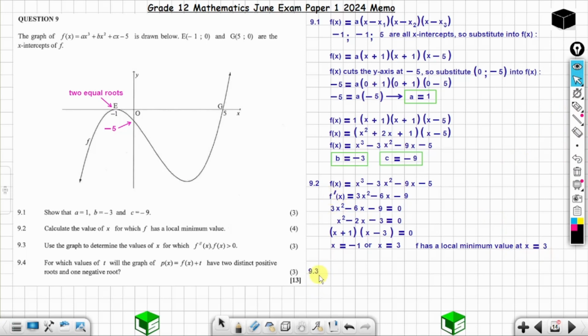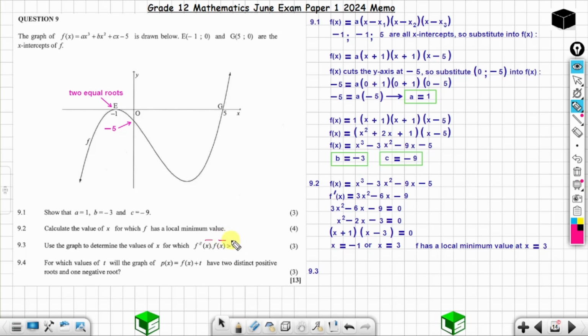Now question 9.3. Use the graph to determine the values of x for which f double prime of x times f of x is greater than 0. Greater than 0 means positive. So you can have positive only if f double prime of x is negative and f of x is also negative, because negative times negative gives positive.